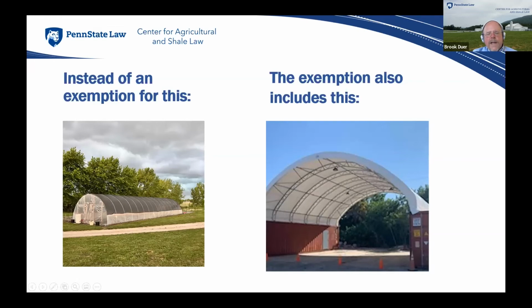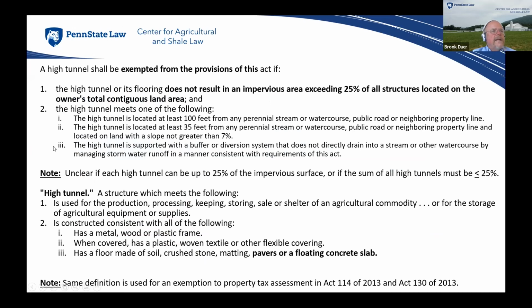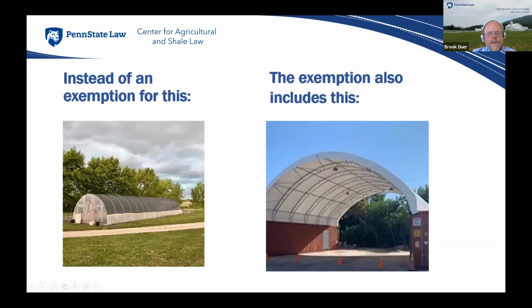And so that has essentially resulted in townships insisting upon extremely burdensome stormwater controls, not a stormwater management plan, but extremely burdensome stormwater controls to meet this provision right here. And so right now, there is just a lot.